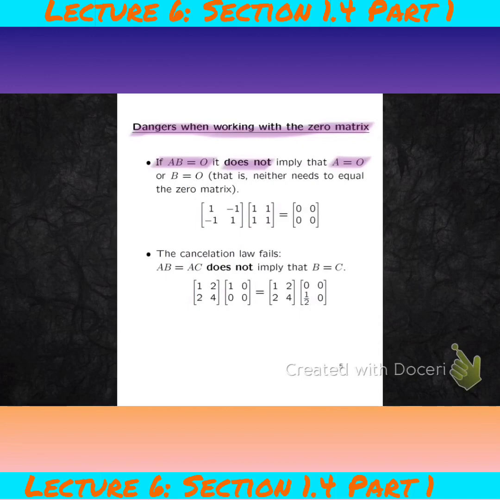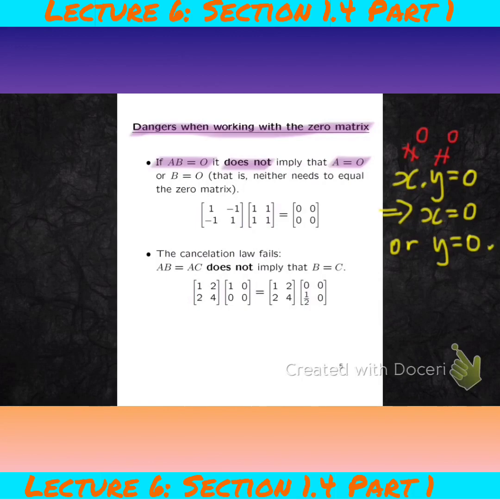So if we go back to real numbers, if the product between two real numbers x and y is 0, then we know that either x is 0 or y is 0. Okay, remember that. The reason is that if neither x is 0 nor y is 0, then any non-zero real number is invertible.